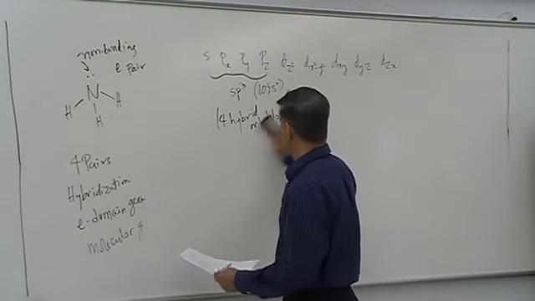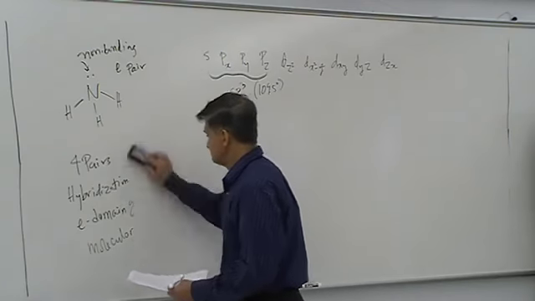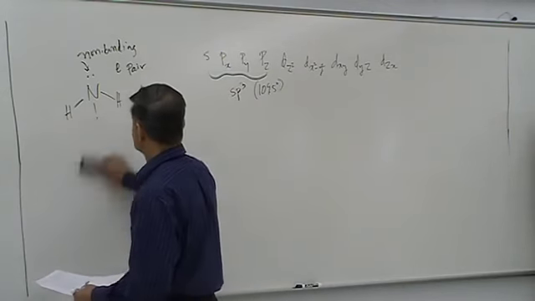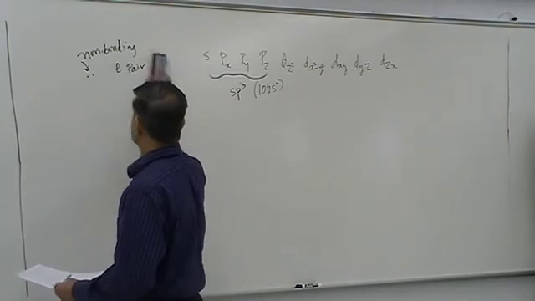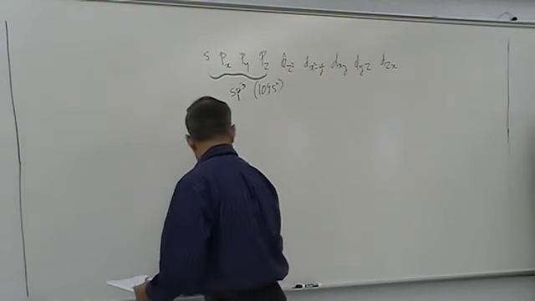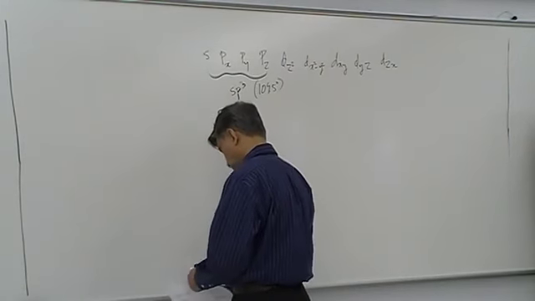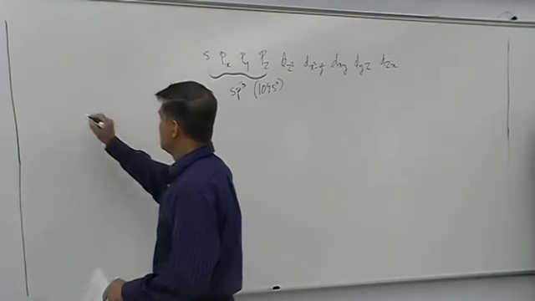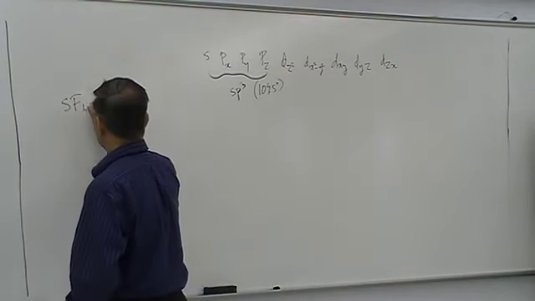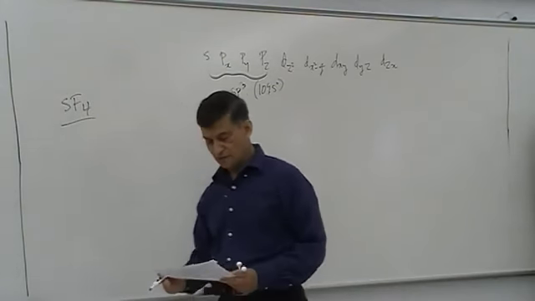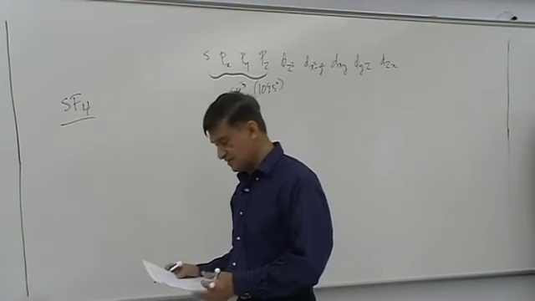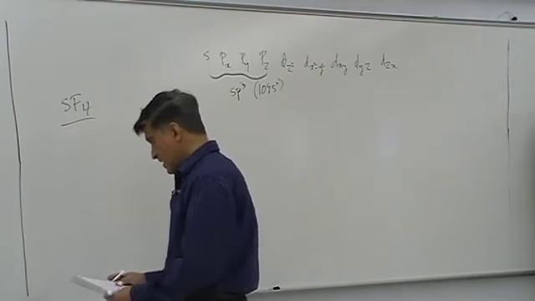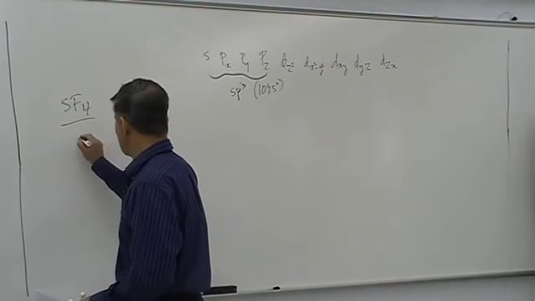This example would be for SF4. This is the molecular formula SF4, and I'm going to first get valence electrons by looking at the periodic table.